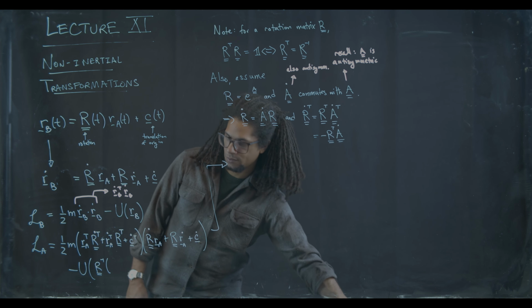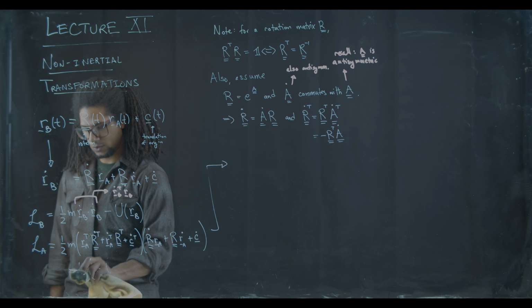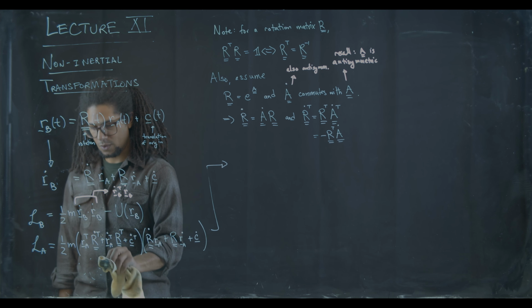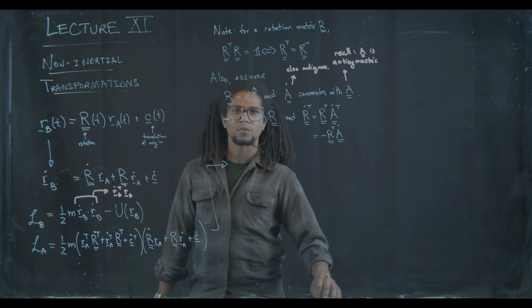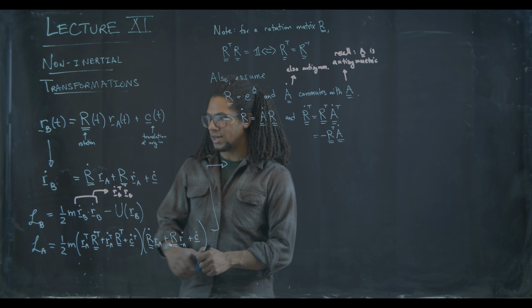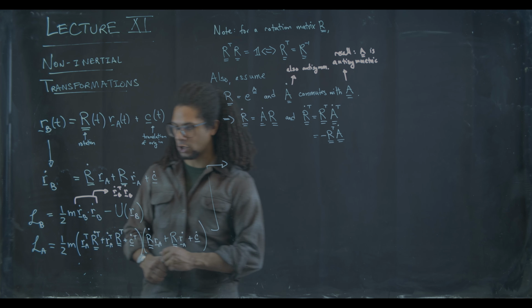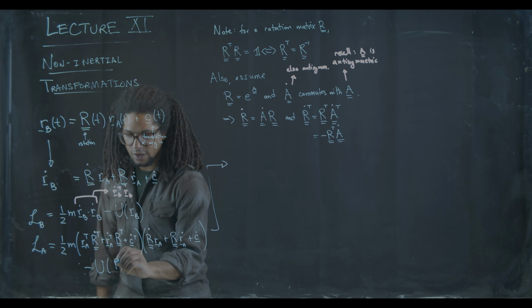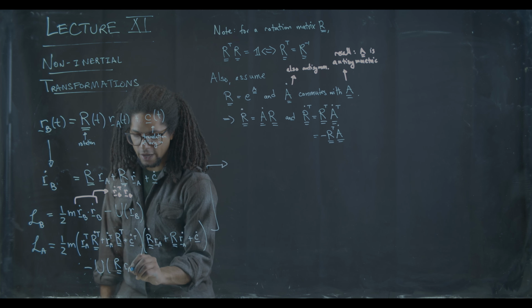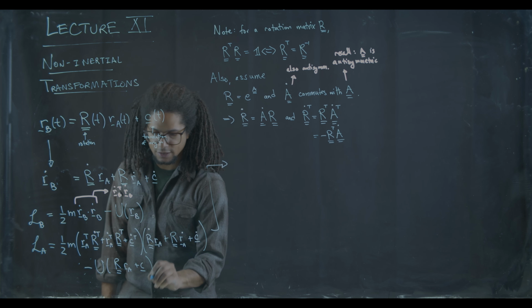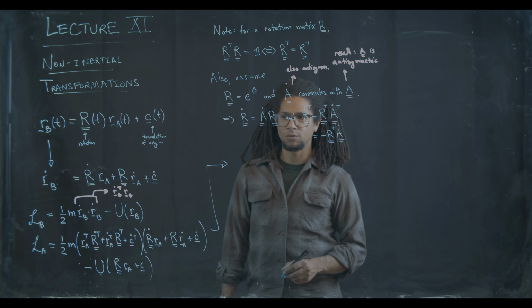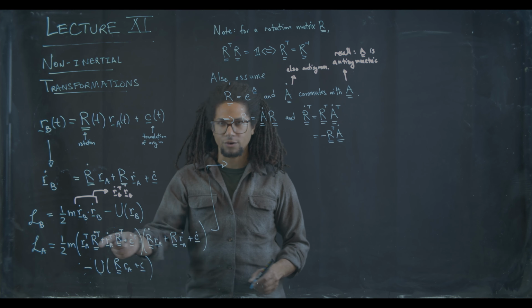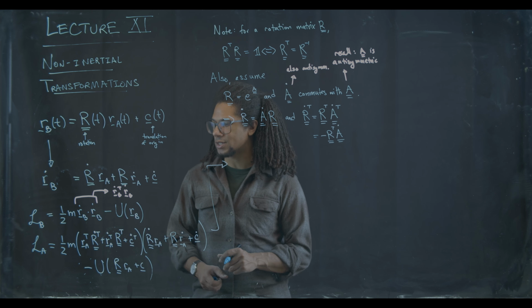No. Also, before I move on, I realized I forgot to include my potential term down here. So I'll just say minus U of capital R, RA plus C. Good.